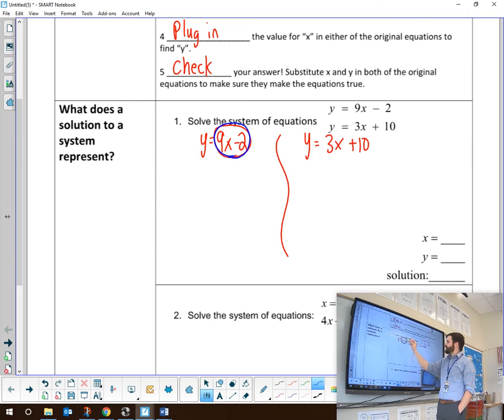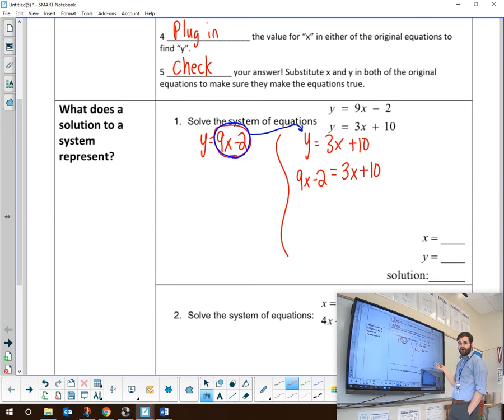So I can take this value for y and plug it in for y in my other equation. If y equals this, then this y is also going to equal that. So I can rewrite this equation here as 9x minus 2, instead of having that y there, equals 3x plus 10. Okay? So there we have it.